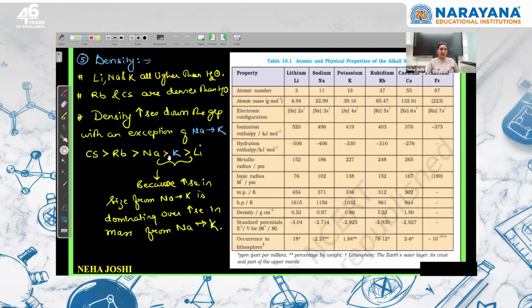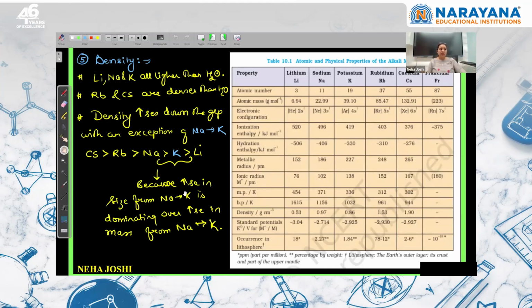Now, why this observation of potassium density less than sodium? Because the increase in size from sodium to potassium dominates over the increase in mass. What is density? Density is mass upon volume. When you move from sodium, which is third period, to potassium, which is fourth period, the sudden increase in size dominates over the increase in mass.